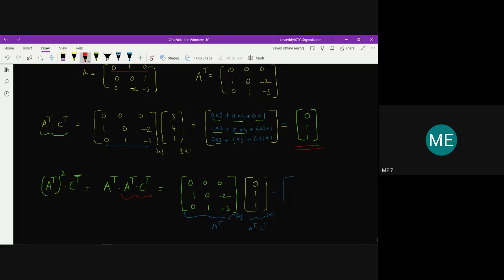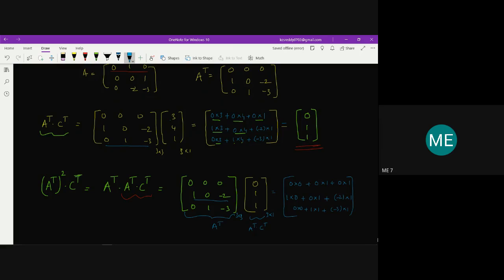So find out this resultant: 0 into 0 plus 0 into 1 plus 0 into 1. Then the second row, 1 into 0 plus 0 into 1 plus minus 2 into 1. Then 0 into 0 plus 1 into 1 plus minus 3 into 1.